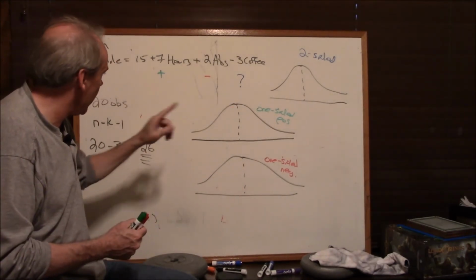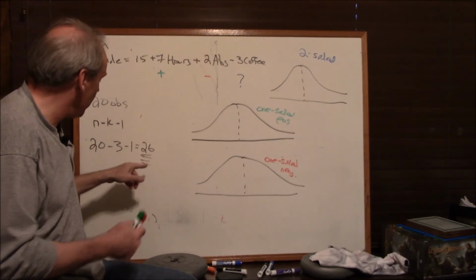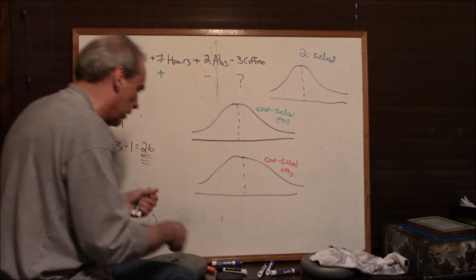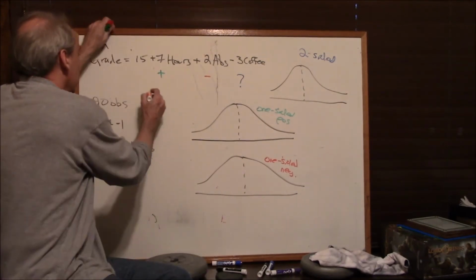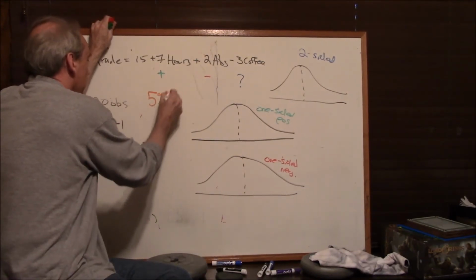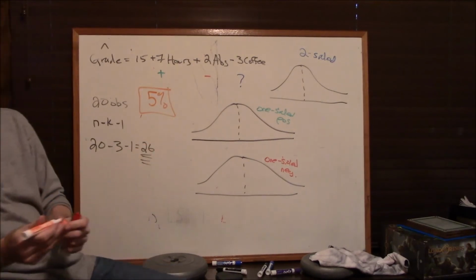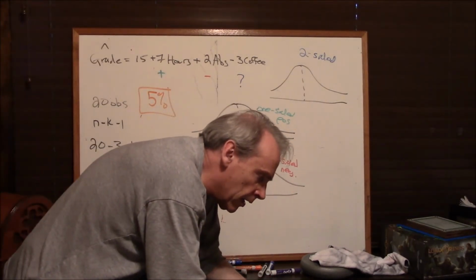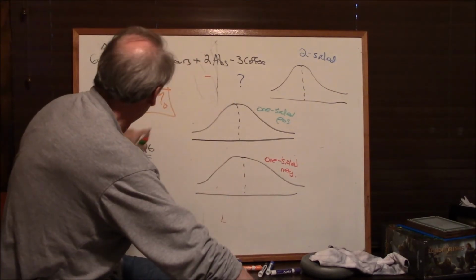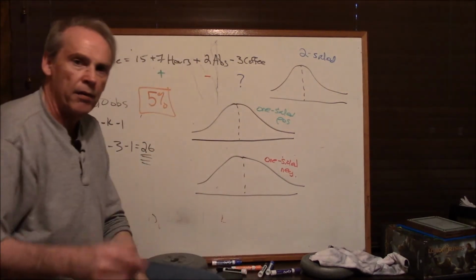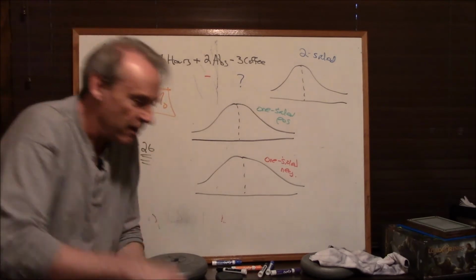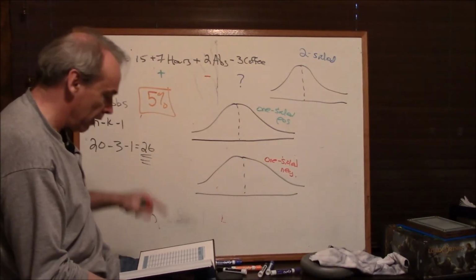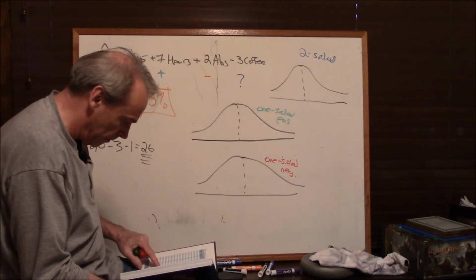Okay, now let's look up the critical t-values. And for a one-sided positive test, 26 degrees of freedom, and I wanted 5%, right? 5% level of significance. 5% level, one-sided, and I'm going to trust you to get out your book and look. In fact, I'm going to wait a second. Pause the video. And look up and see which one is 5% one-sided, 26 degrees of freedom.